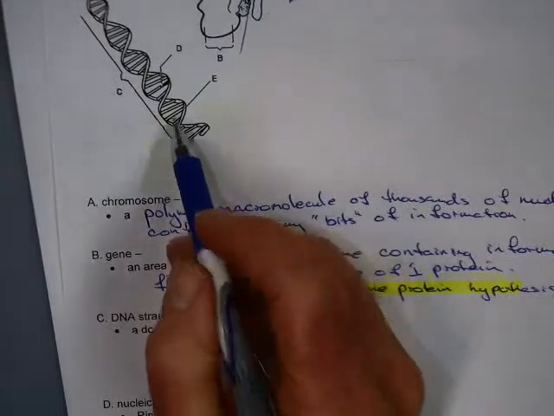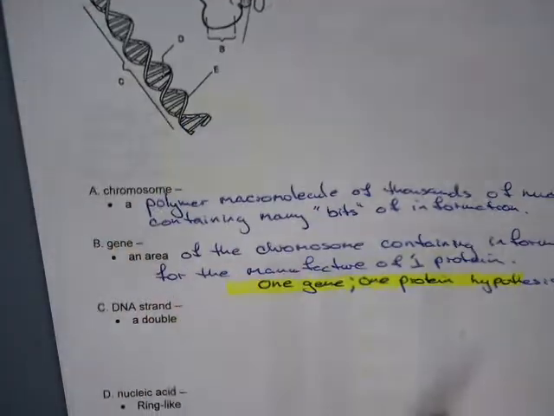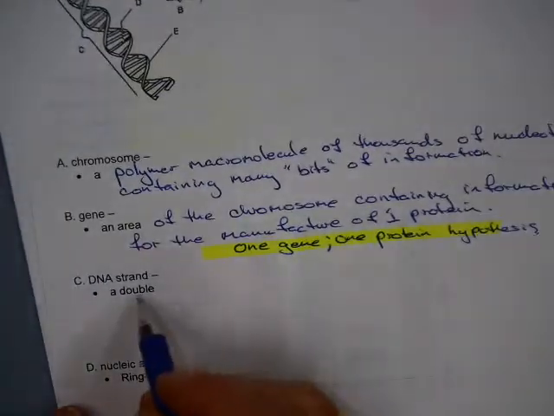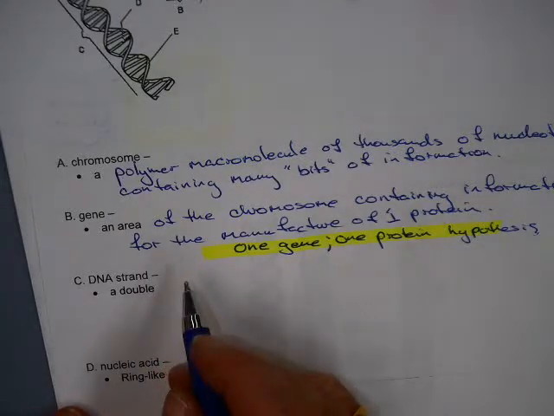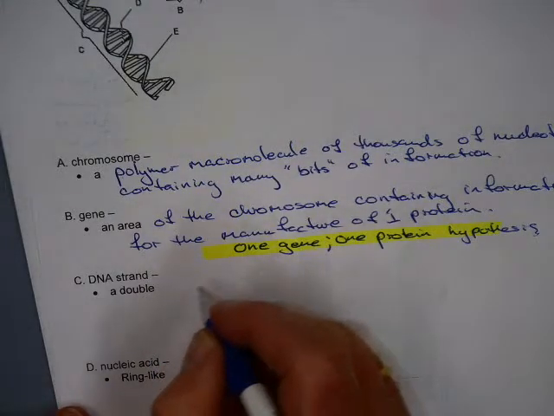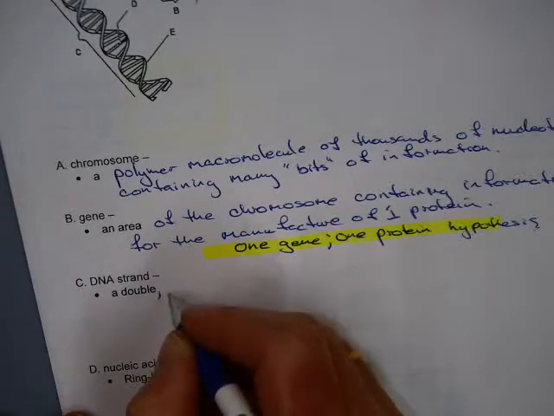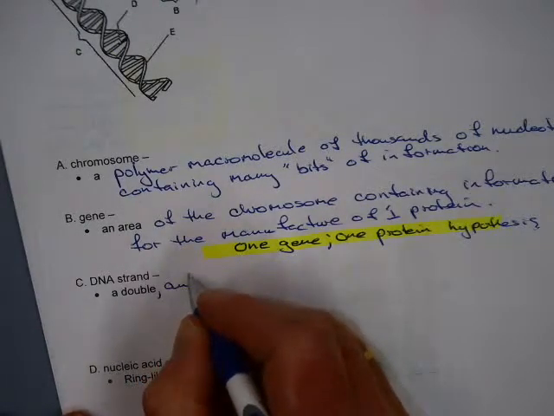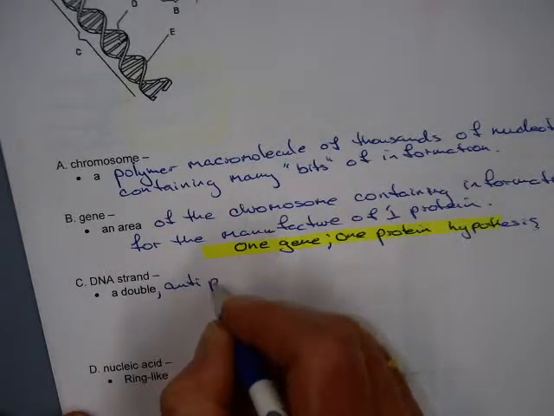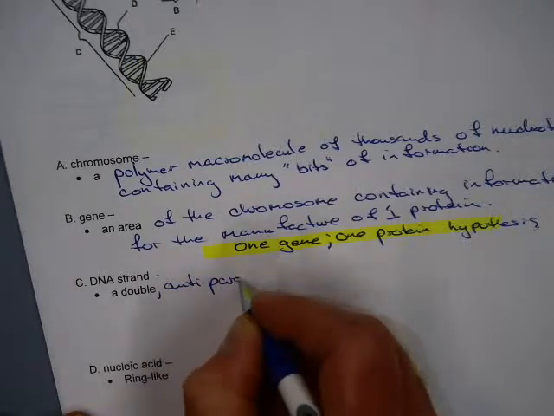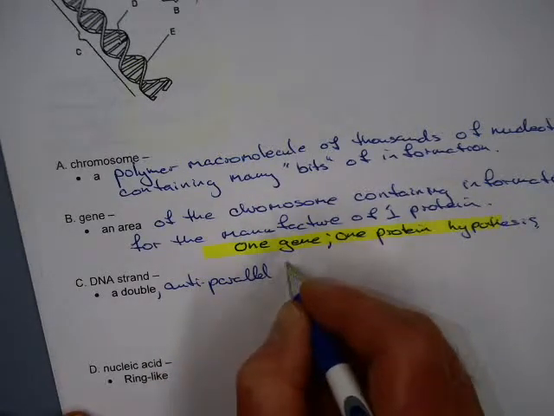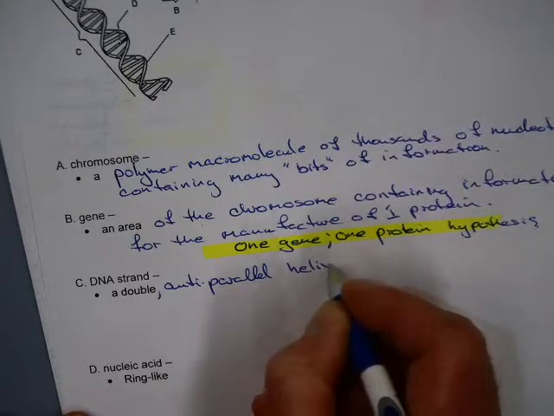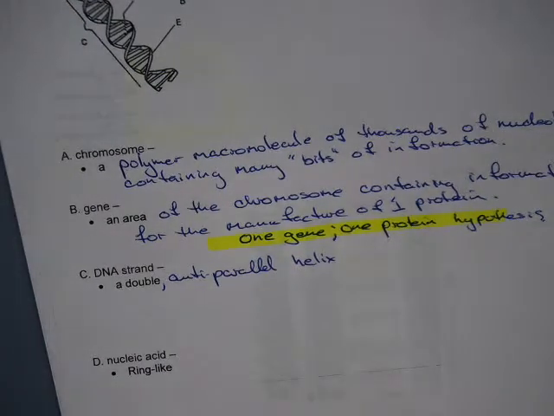This whole C is just meant to represent part of the DNA strand. And so we say this is a double, antiparallel helix. Helix means ribbon, by the way.